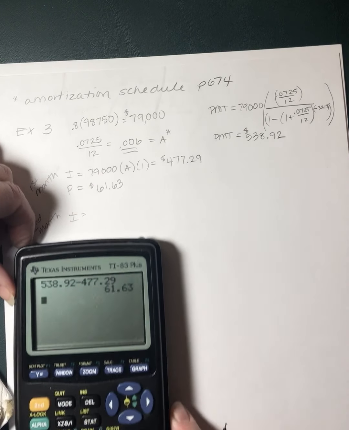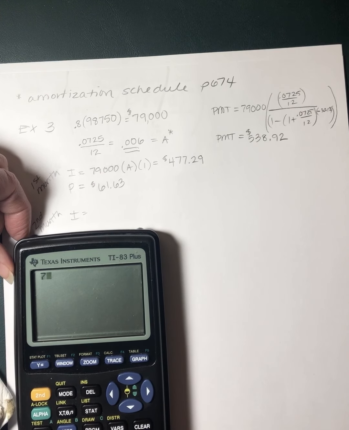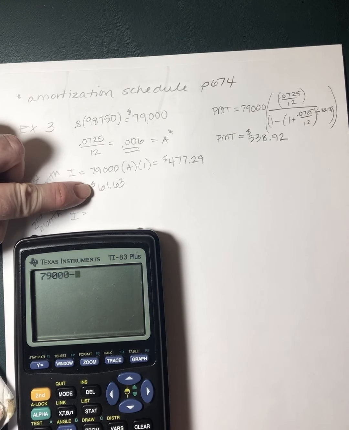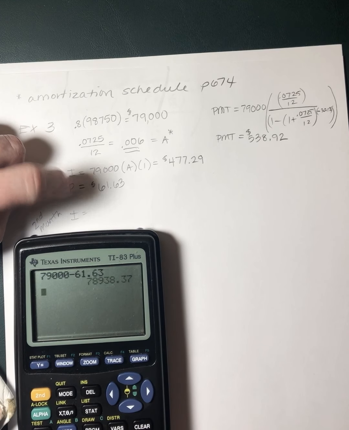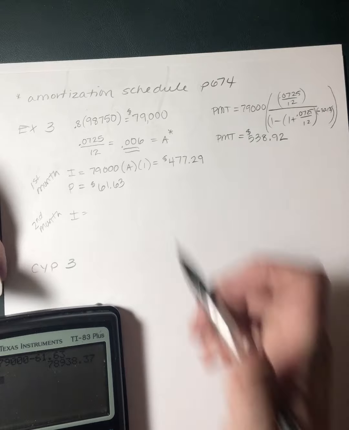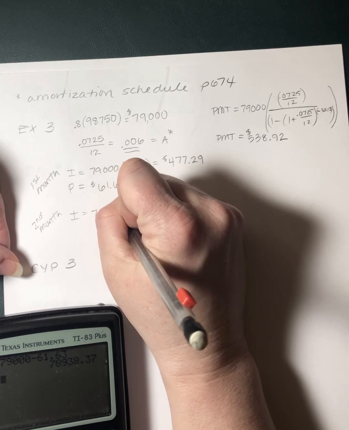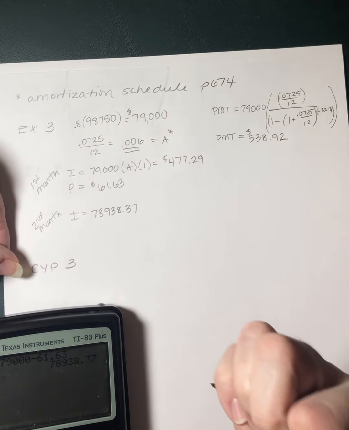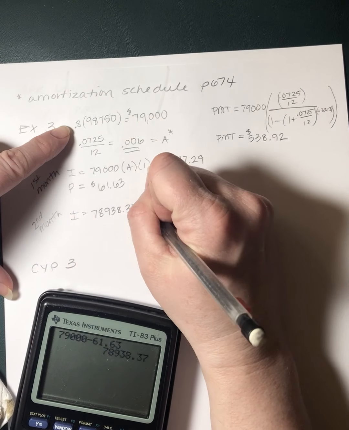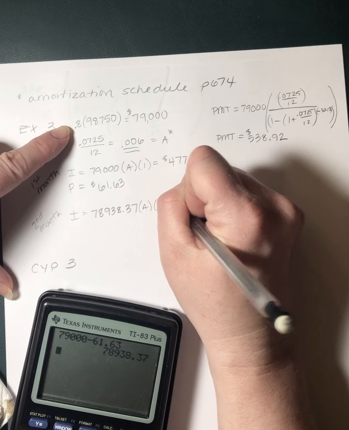So I need to take the $79,000 minus the $61.63. So my new principal is $78,938.37.